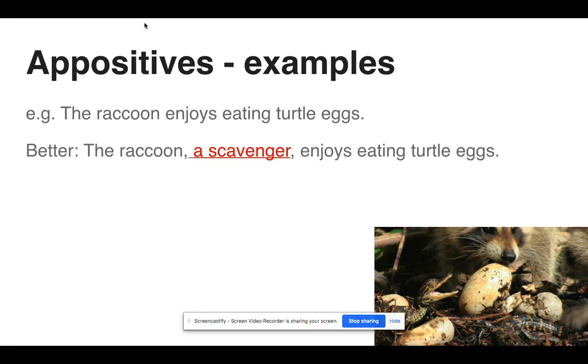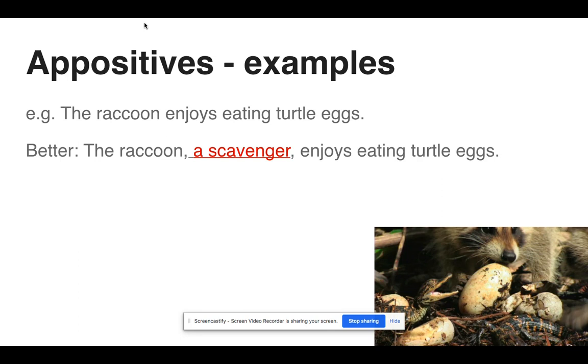The raccoon, a scavenger, enjoys eating turtle eggs. Here the underlined portion, a scavenger, is an appositive. It's a noun being used to rename the noun right next to it, the raccoon. And it's being used to provide a little bit more information.